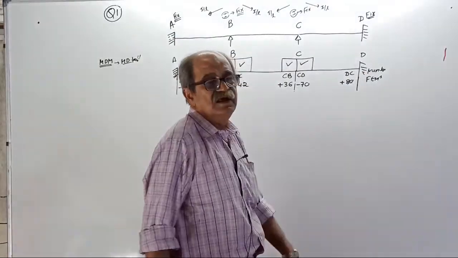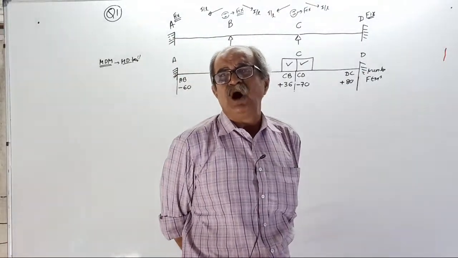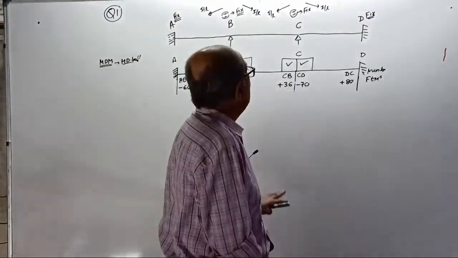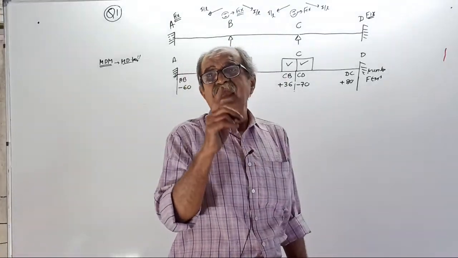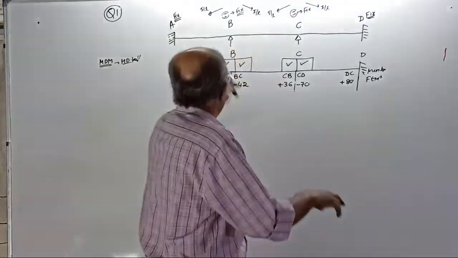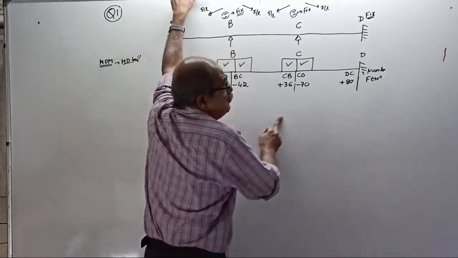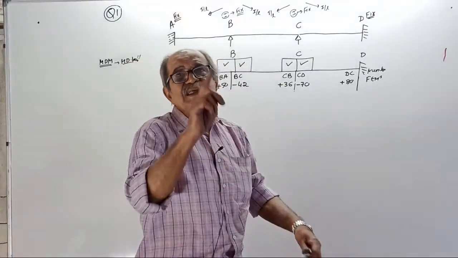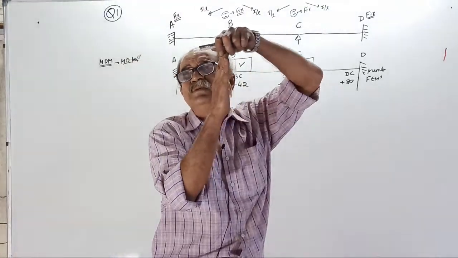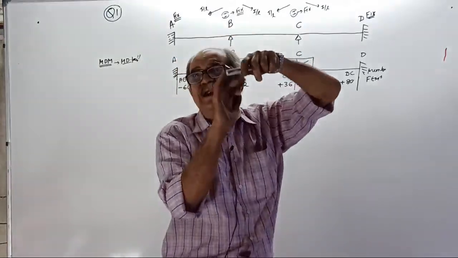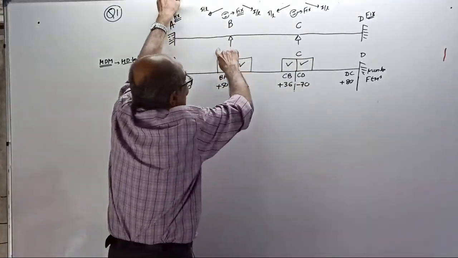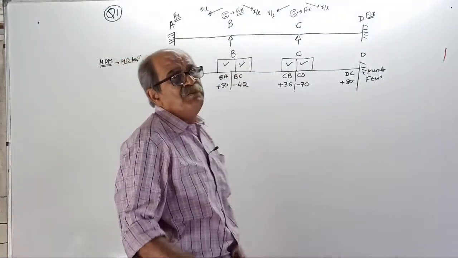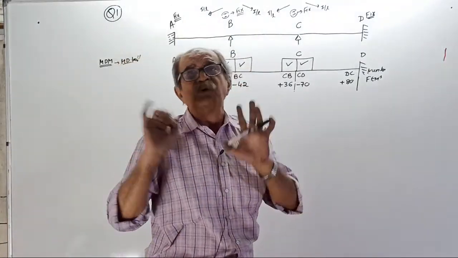Now, the first step for the moment distribution method. If you want the concept, these are the fixed end moments for the beam. At any intermediate support, compatibility or equilibrium moment is required, which you maintain by moment distribution.